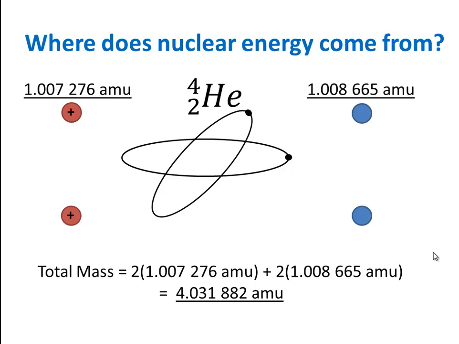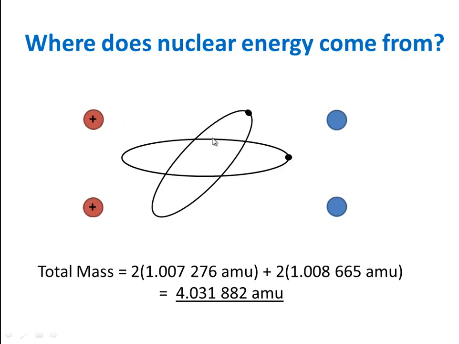Now, here's where things get a little strange. Just like scientists are able to very precisely measure the mass of the individual proton and neutron, they are also able to measure the mass of a single atom. They can do that with high precision as well. And as you can imagine, they've done this for helium-4, and here's what they got.